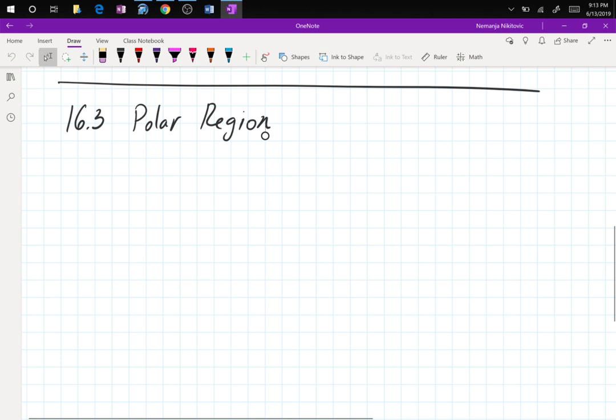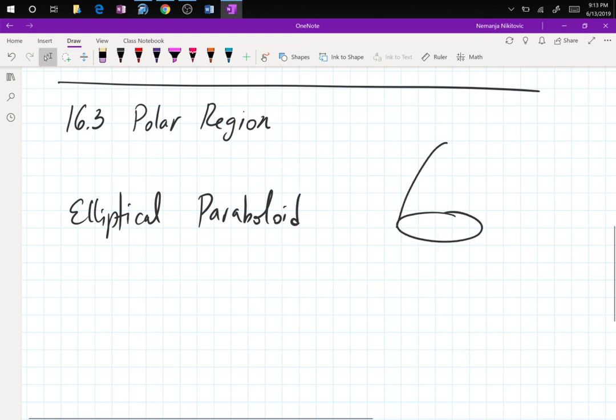So before we do any crazy shapes, let's discuss the easiest, which is the elliptical paraboloid, which is, let's say, the Taco Bell.